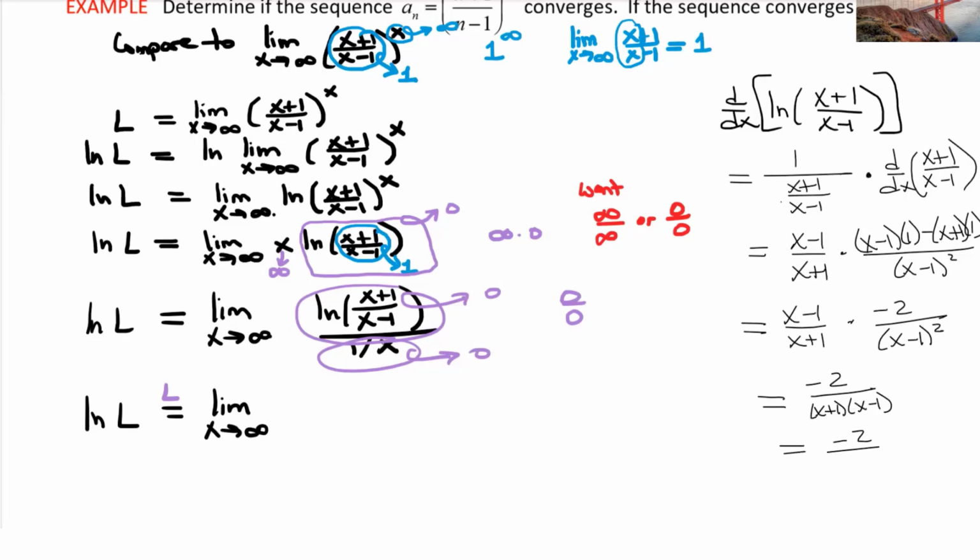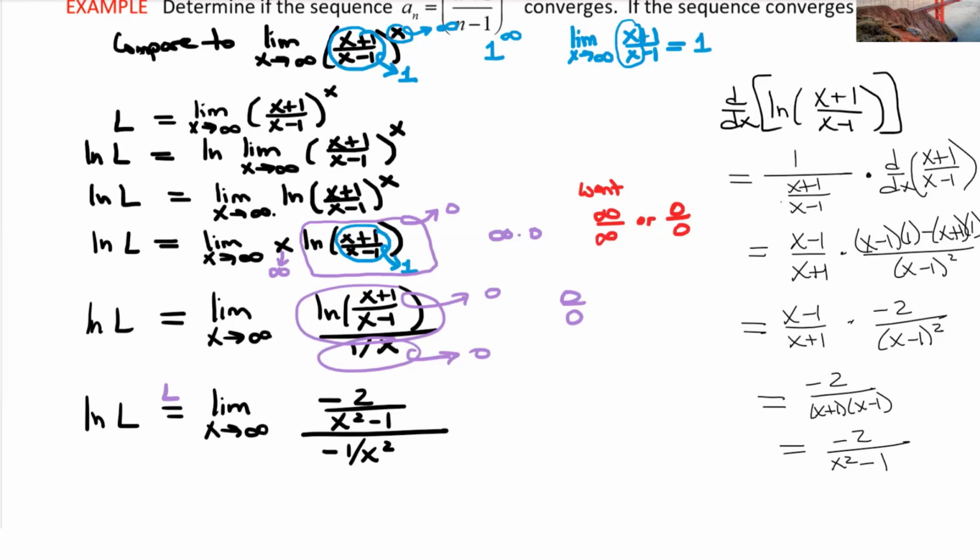Or we could write it as negative 2 over x squared minus 1. So that's the derivative of that numerator. So I'm going to write negative 2 over x squared minus 1 over, and now what's the derivative of the denominator? Derivative of x to the negative 1 is going to be negative 1 over x squared. Everybody see where I'm getting this from?